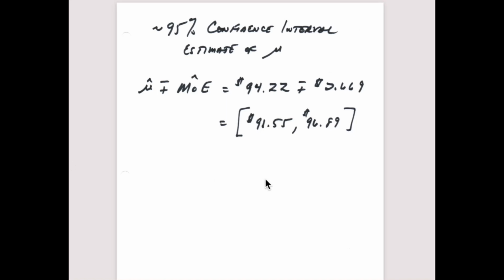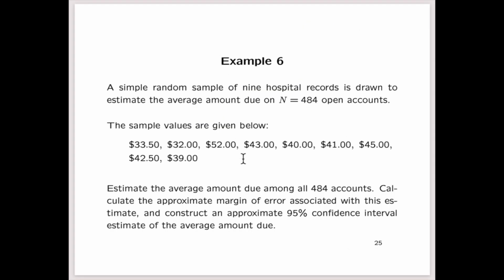And so the way we would interpret this is we are approximately 95% confident that the true average amount due on all open accounts is somewhere between $91.55 and $96.89.